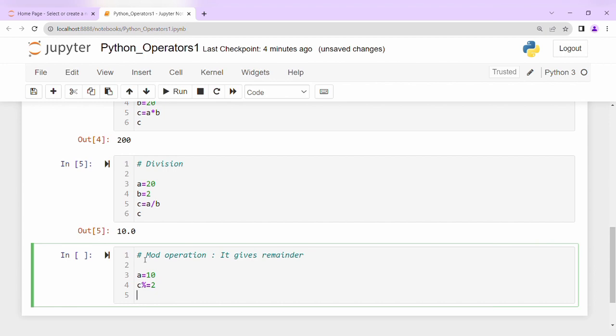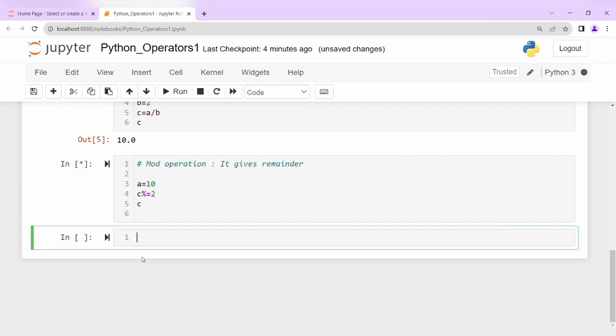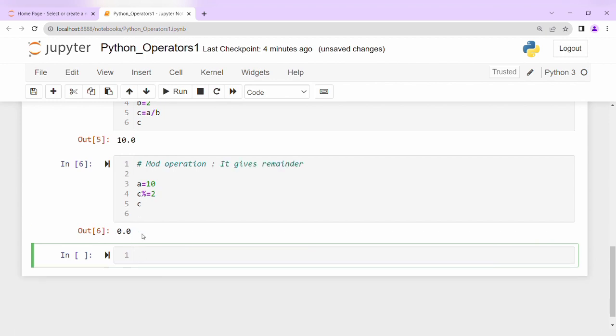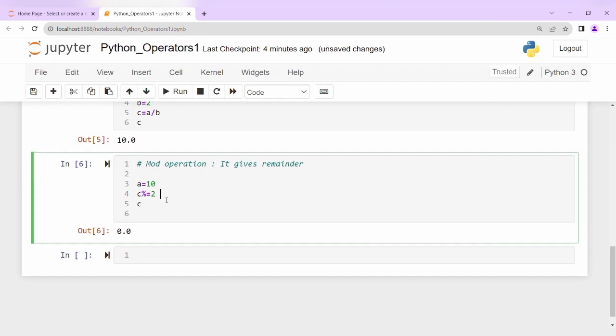Print the value of C. Enter. So it will show 0. So how it performs? You can write here C is equal to C mod of 2. So the value of C is 10 mod of 2. So 2 divided by 10, the remainder is 0.